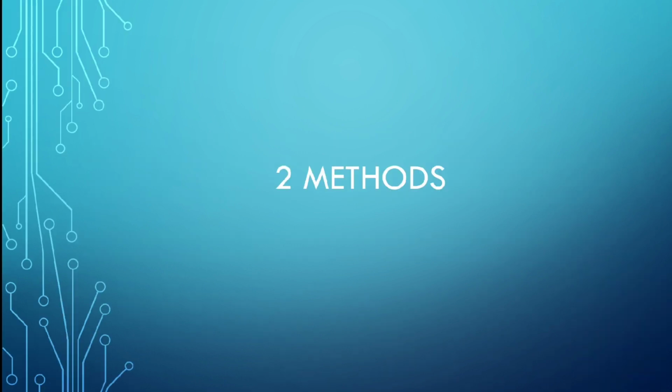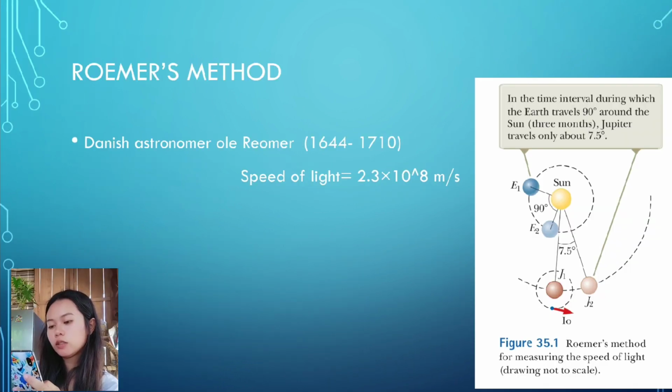Roemer's method. In 1675, Danish astronomer Ole Roemer, 1644 to 1710, made his first successful estimate of the speed of light. Roemer's technique involved astronomical observation of Io, one of the moons of Jupiter.